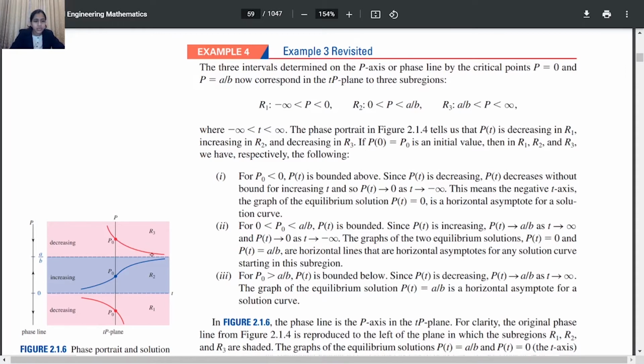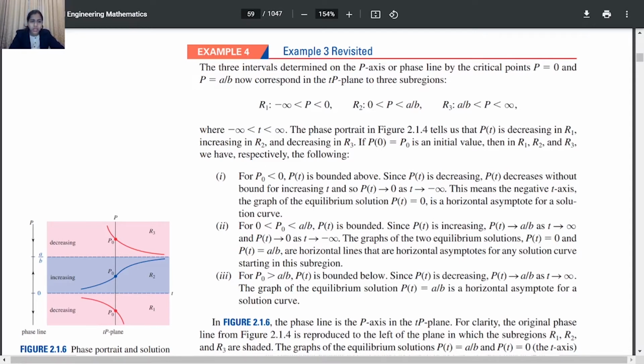When t goes to infinity, the function will approach a by b. The curve meets the equilibrium solution 0 only when t approaches minus infinity.